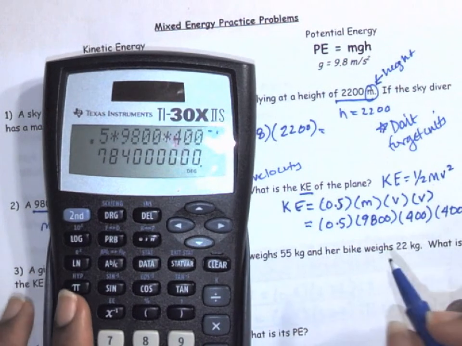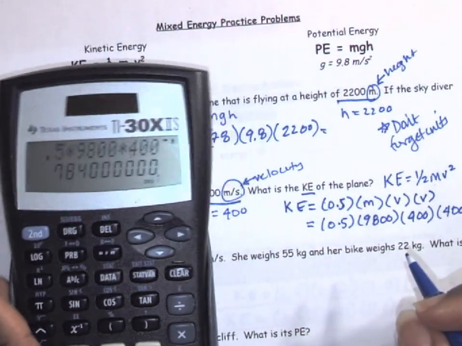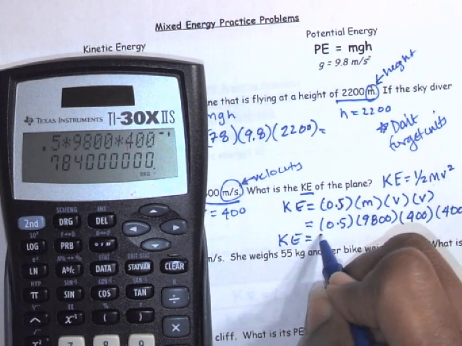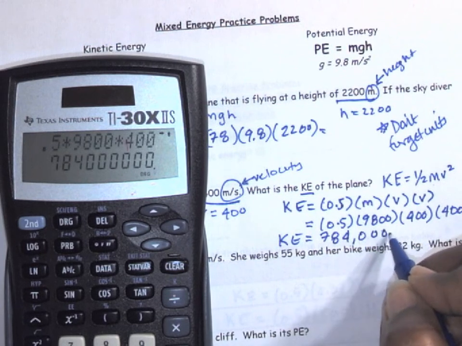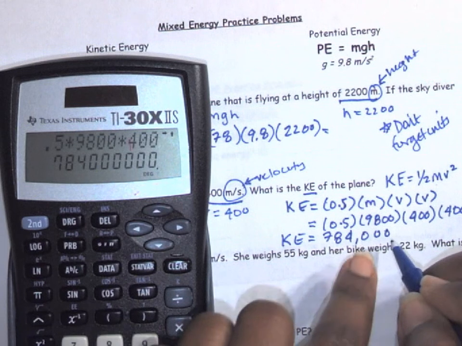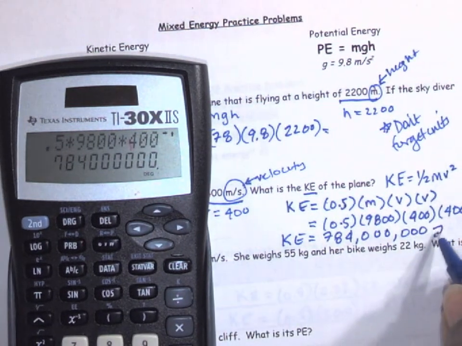You notice that the KE numbers are often big because we're squaring our velocity. So KE is equal to 784,000. How many zeros do I have here? 1, 2, 3, 4, 5, 6. Okay, and then I can't forget my units of joules.